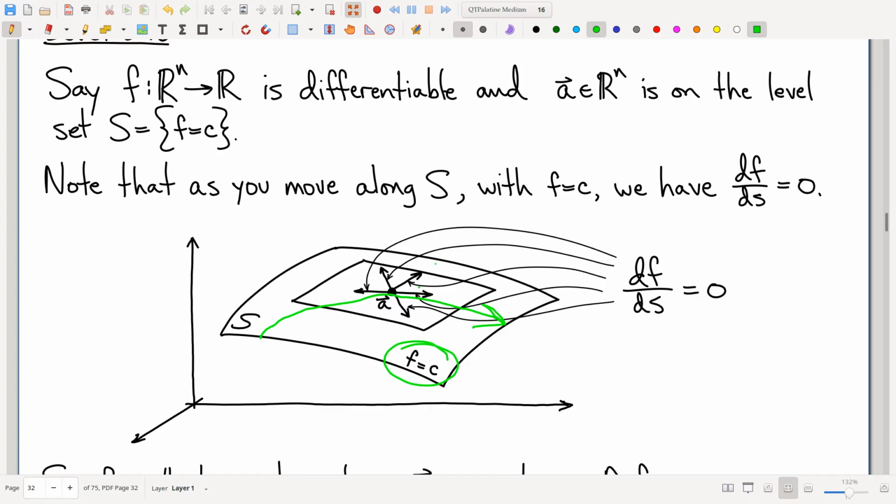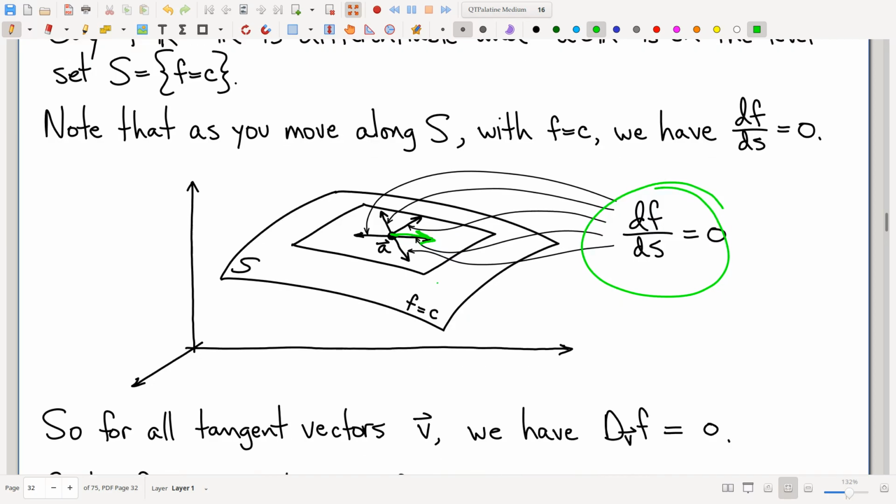The answer is that f doesn't change. As I'm moving along this curve, the rate of change of f with respect to distance is 0 because it's not changing. And that, of course, is also a directional derivative. So I can rewrite this as saying the directional derivative in that direction is 0.